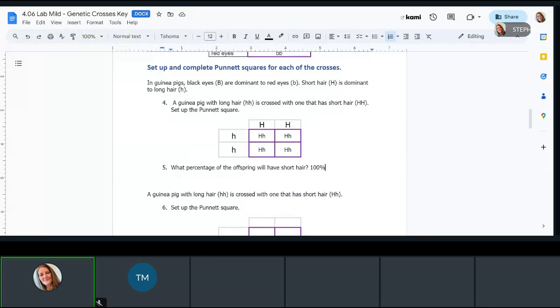Yep. So every offspring is going to have short hair because it's dominant, because of these genes right here.